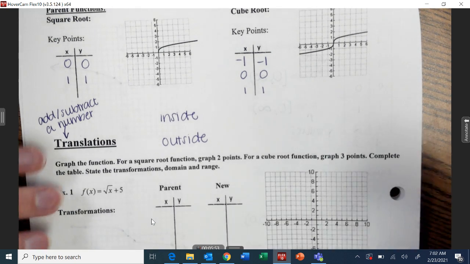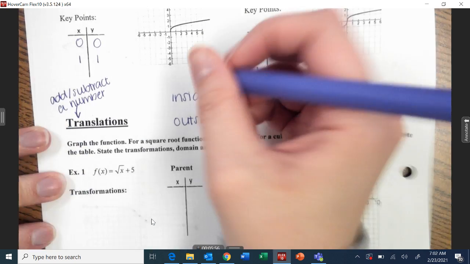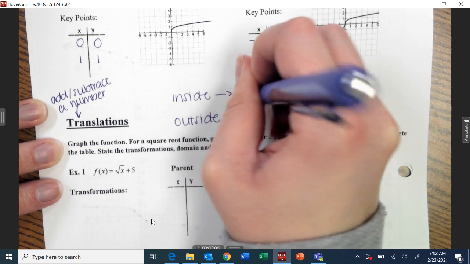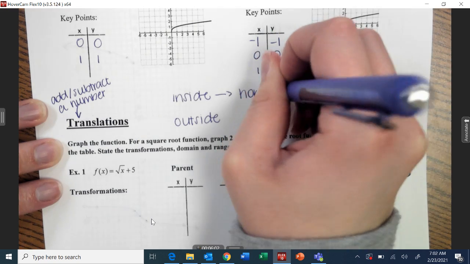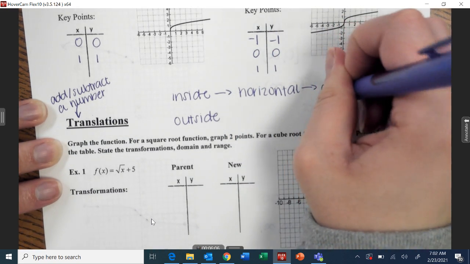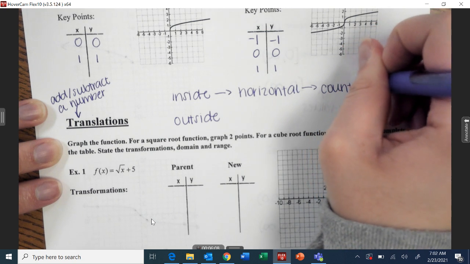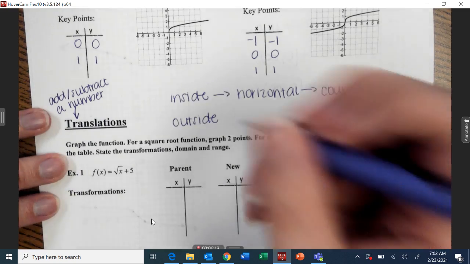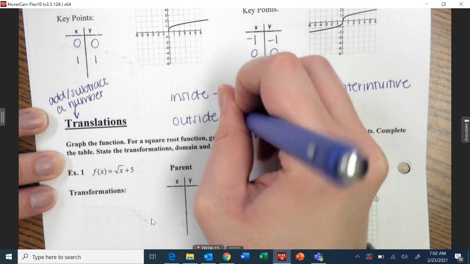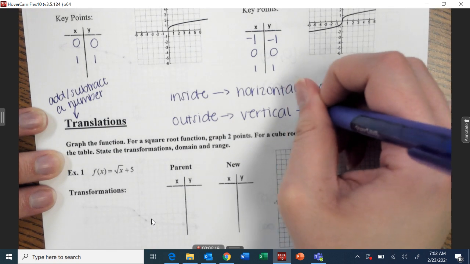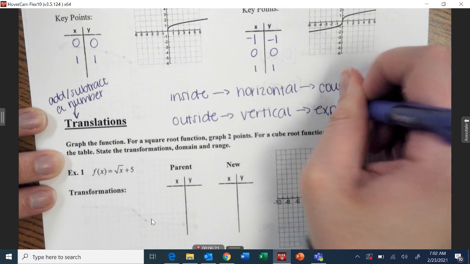It's going to be underneath the radical or inside the radical. If it's inside, it's moving on the horizontal, and horizontal is always counterintuitive. It's the opposite of what you think. Outside is vertical. Vertical is really nice because it's what we expect to happen.